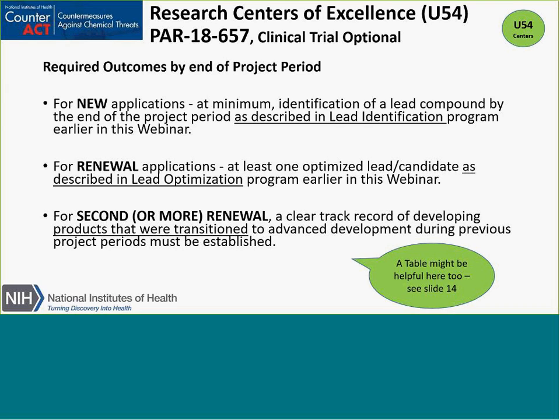For all applications, you should have at least 1 optimized lead candidate as described in the lead optimization program. And for second or more renewals, a clear track record of developing products that were transitioned to advanced development during previous project periods must be established. Note here that a table could work well for these as well.